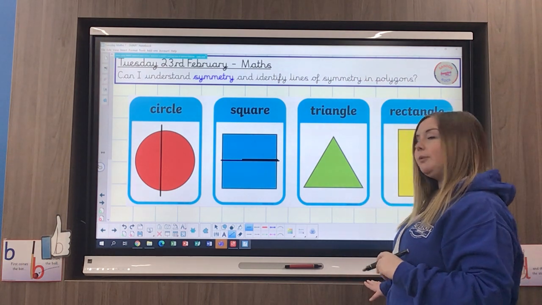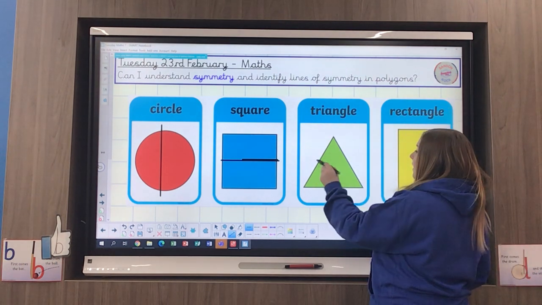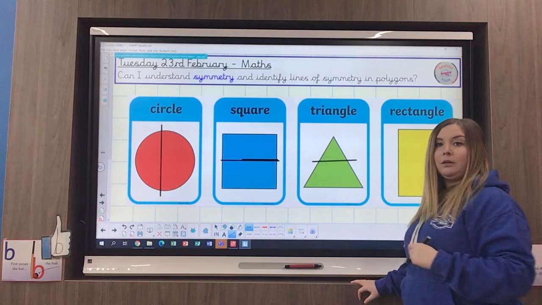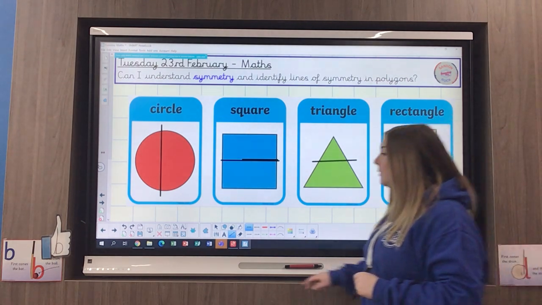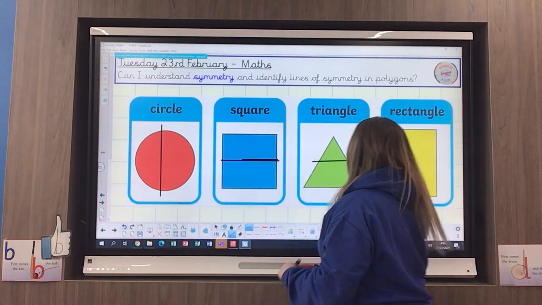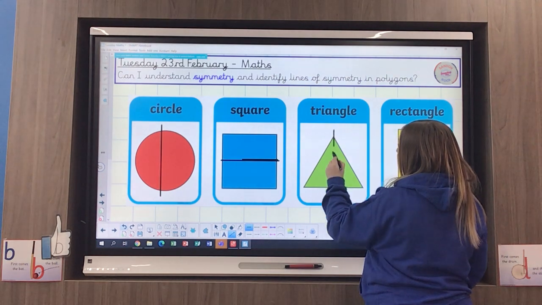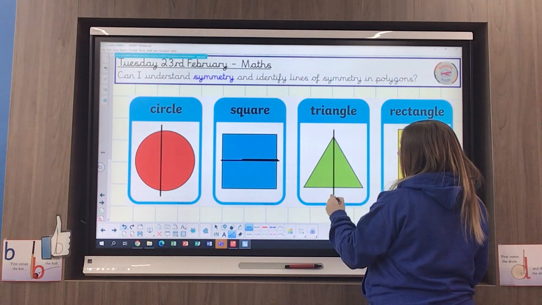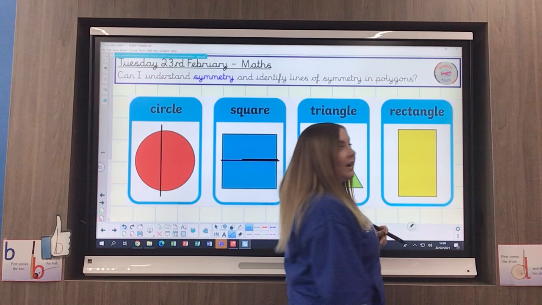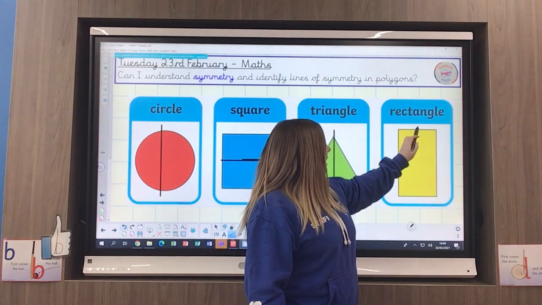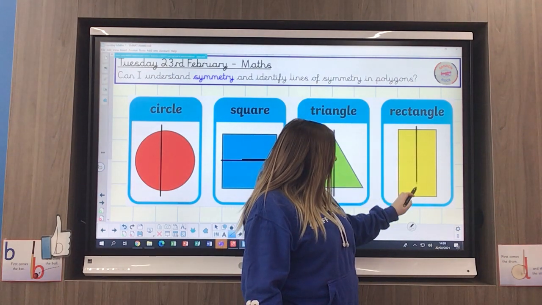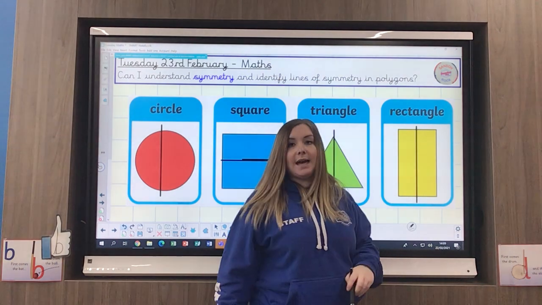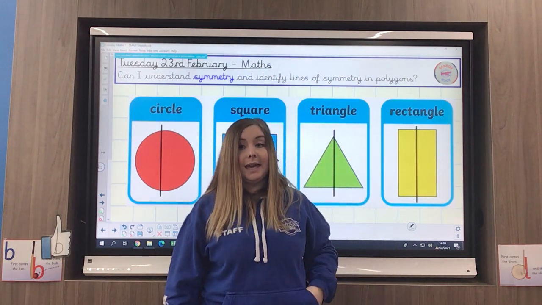Straight across my shape. Now for this one, can I go across? I can't, can I? So I must have to work down. And then finally, let's draw another line in this shape, making sure that both sides are exactly the same.